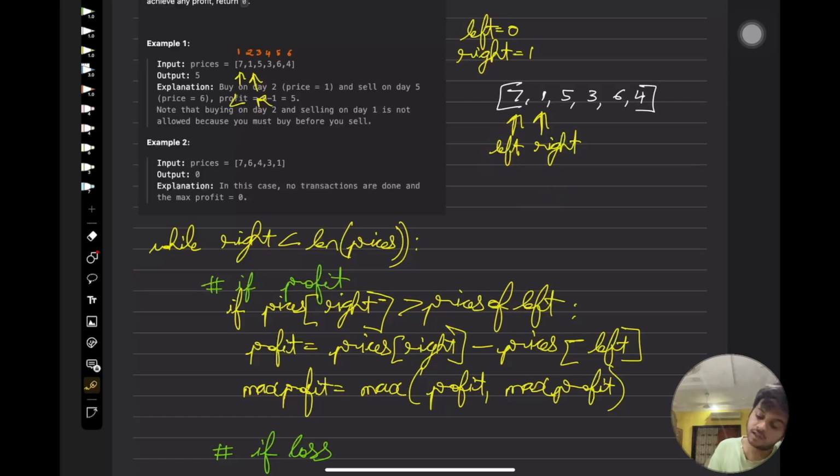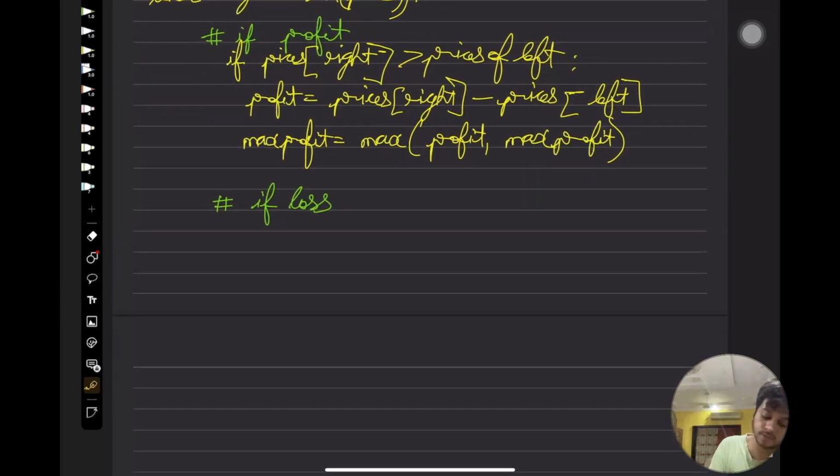And in fact, I would shift it all the way till the position where right is. So I would do this.